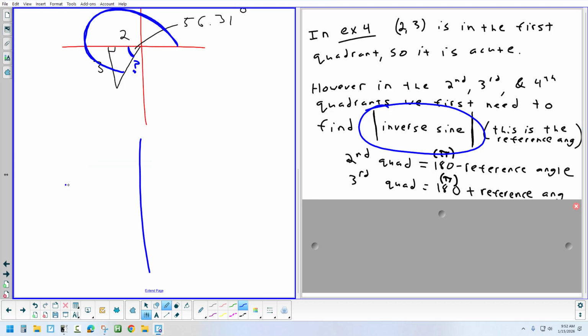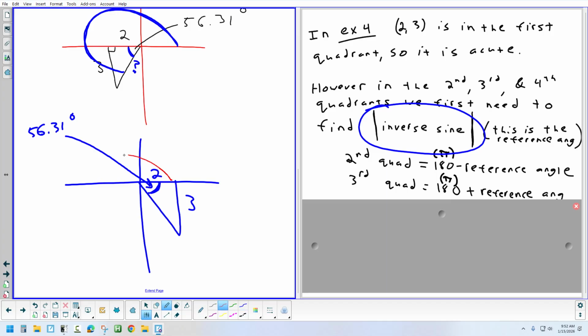Now let's look at quadrant 4. Here's your triangle again. This is your reference angle. The reference angle is always the one that's positioned right near the origin. If you knew this, how would you find that? Yeah. 360 minus that angle. Right.